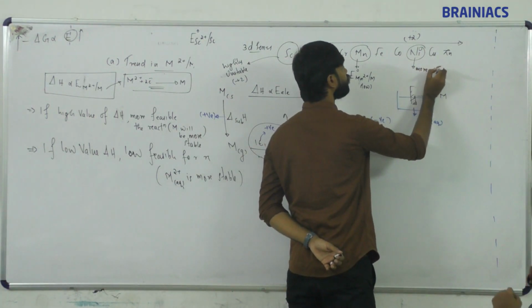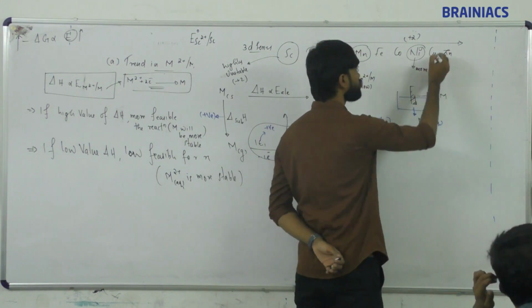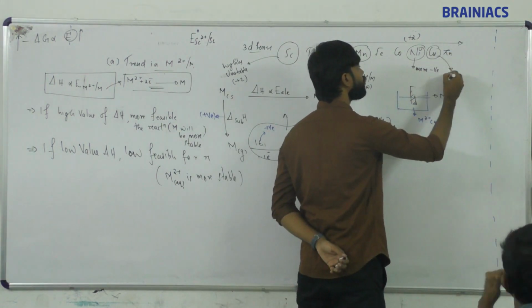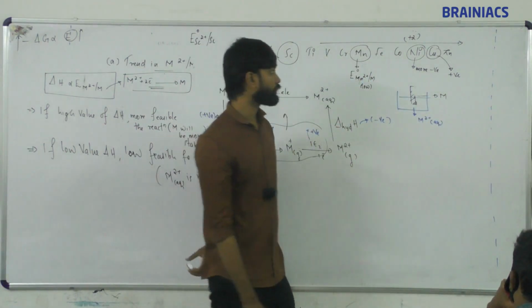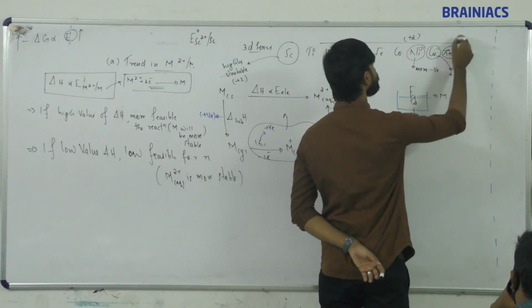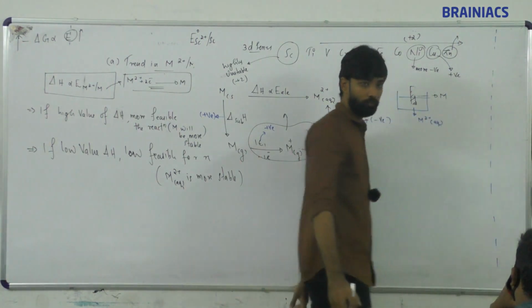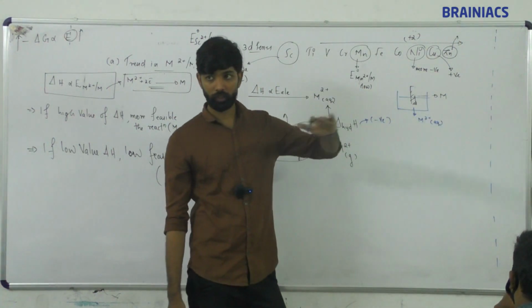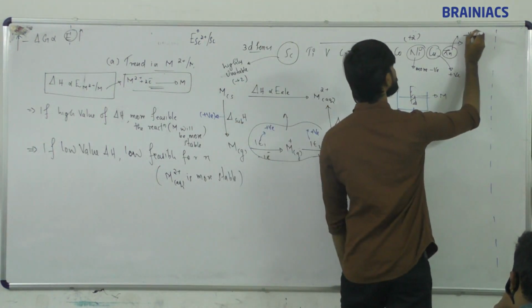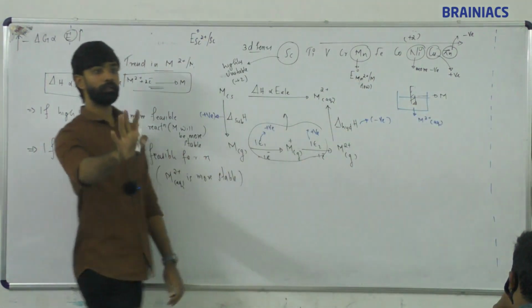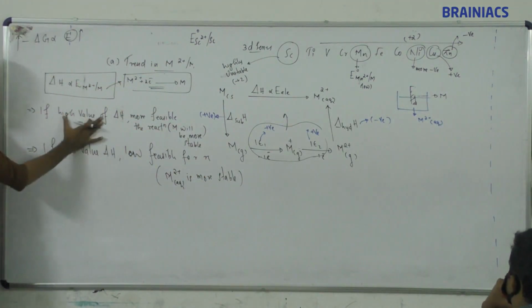We want an explanation for that. This is exceptionally a positive value, +0.34. There is an explanation. This one also has a low value. From left to right, the trend is generally increasing, but here also the value is negative. The explanation is based on this.